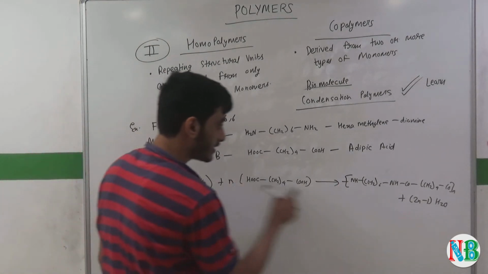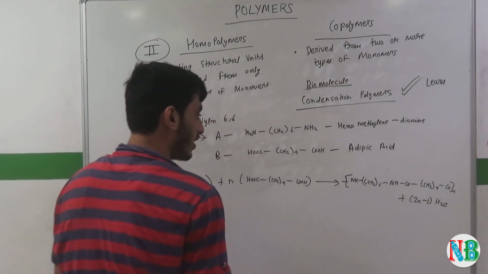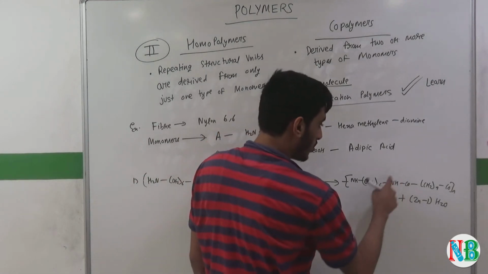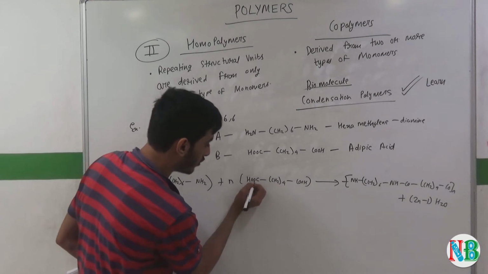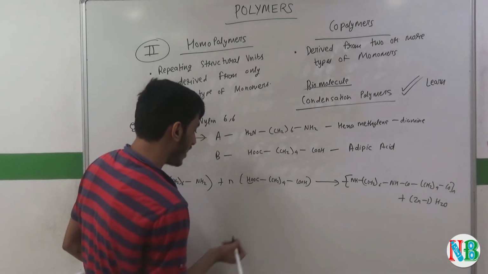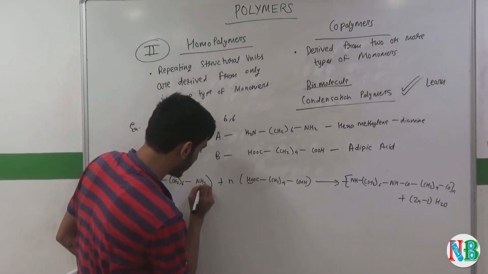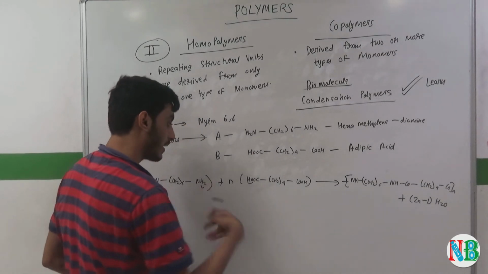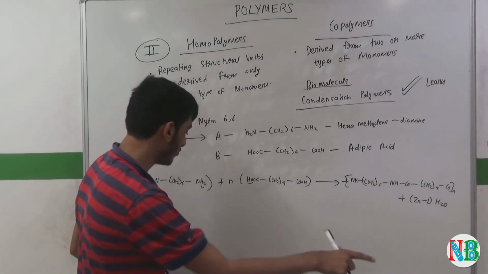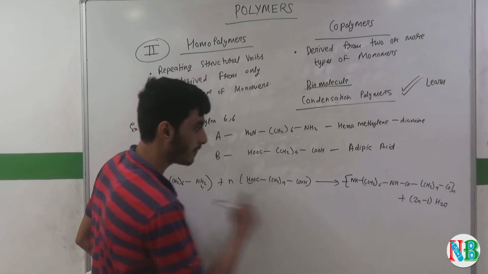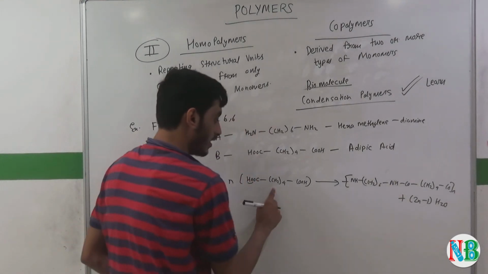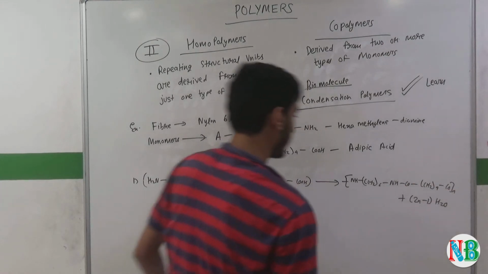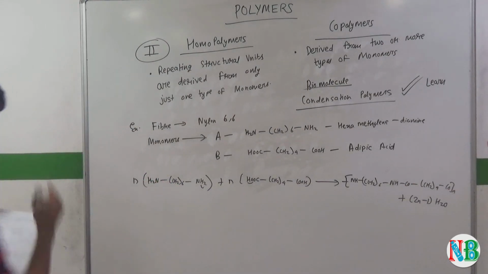At the end of this we have a bond with COOH. One molecule of H2O is removed. It means that from the COOH you have to remove one OH, and from this NH2, just one H is to be removed. So H2O is removed, and you have NH, CO, and then the whole formation of the compound again.